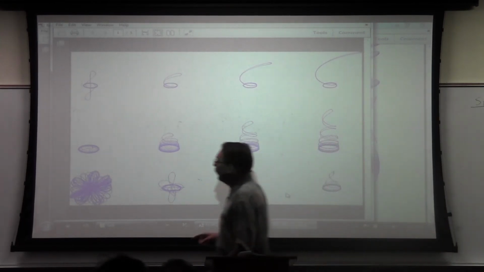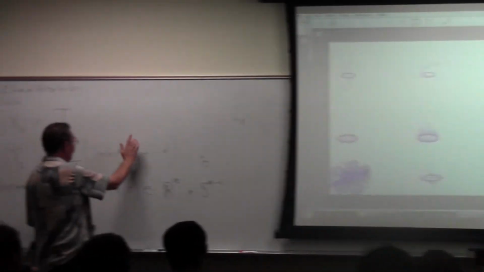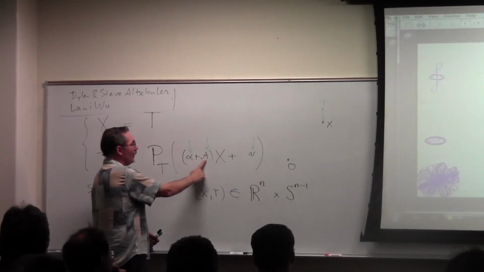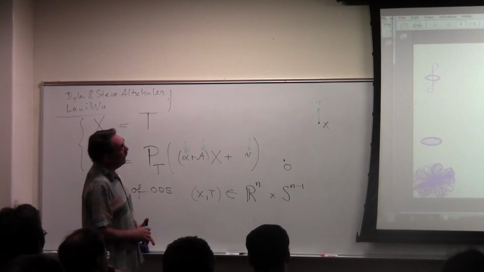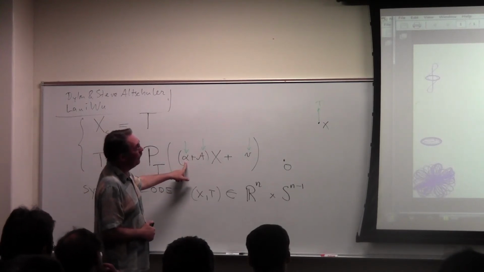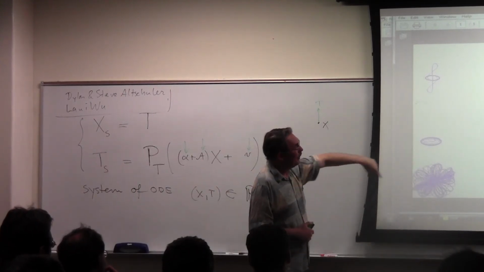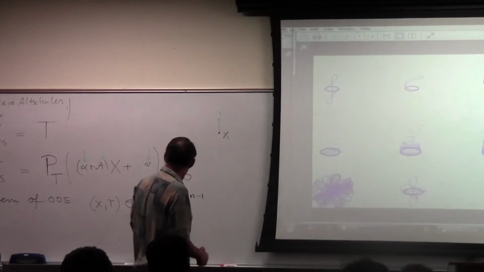These are shrinking, rotating solitons, so in these pictures, V is 0. We have a dilation rate alpha and a rotation rate A. And I think the thing we're changing is the dilation rate alpha. So one of the axes is the rotation rate, the other is the dilation rate.